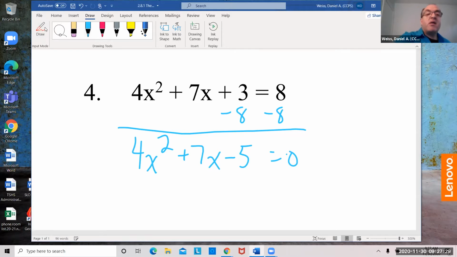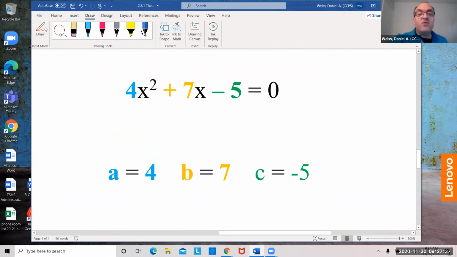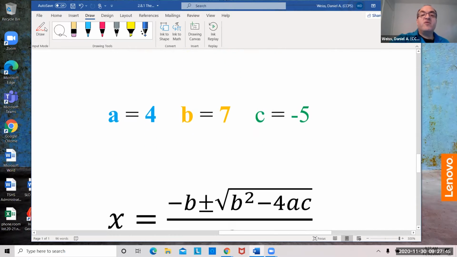Now, okay. 4x squared plus 7x minus 5 equals 0. A equals 4, B equals 7, C equals negative 5. All right. Put it in the formula.